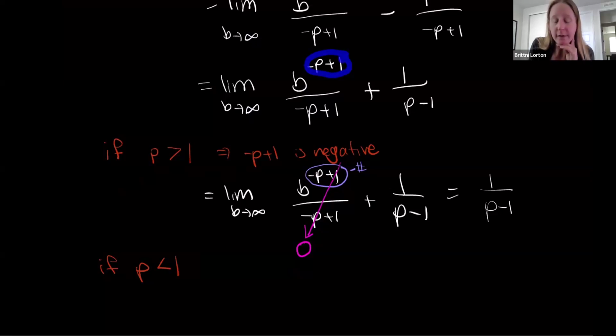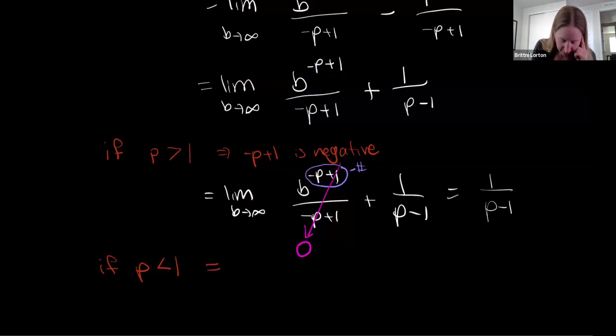And if the exponent is positive, I don't flip the fraction. This would just become infinitely large to the power of 1, which is just infinitely large. That would diverge. If p was -5, for example, then this would become 5 plus 1, which is 6.